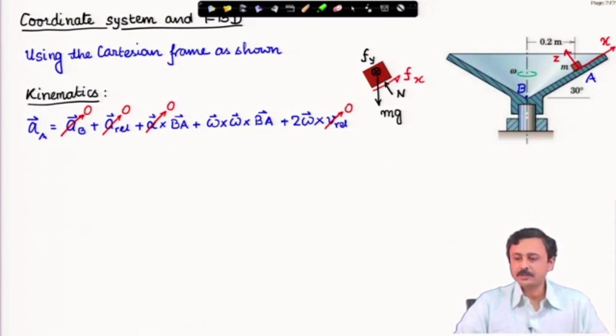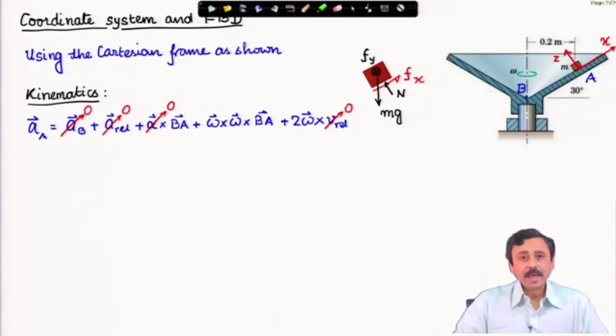Here first thing you notice that if the block is not slipping on the surface, then block is sticking to the dish, and therefore the block is as if a part of the dish. Therefore, A and B are parts of the same rigid body. Therefore, A rel vanishes and V rel vanishes.